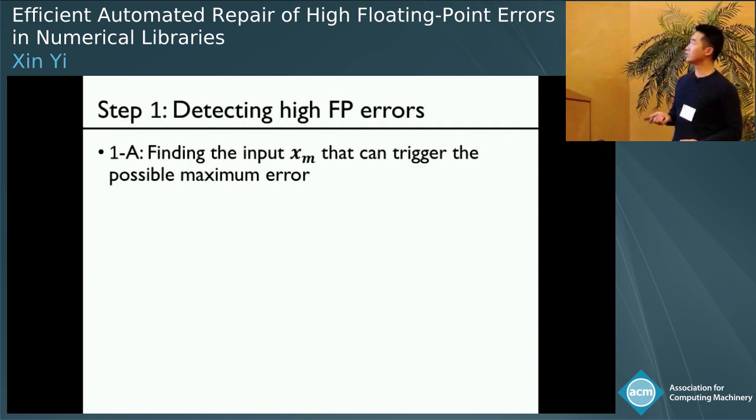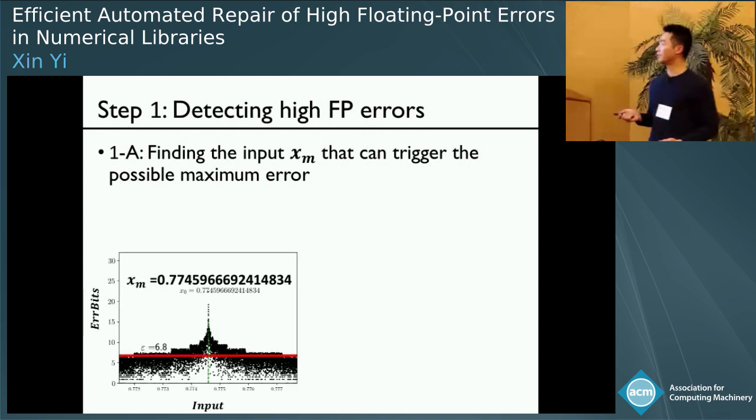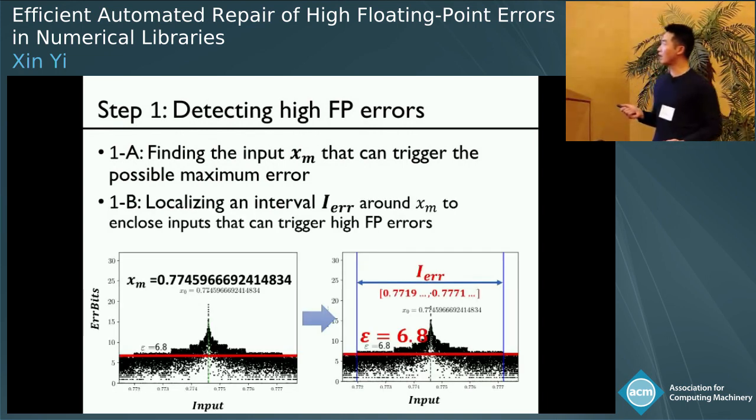To do so, we first find the input xm that can trigger the possible maximal error. Then we localize an input interval around xm to enclose inputs that can trigger the high floating point errors.